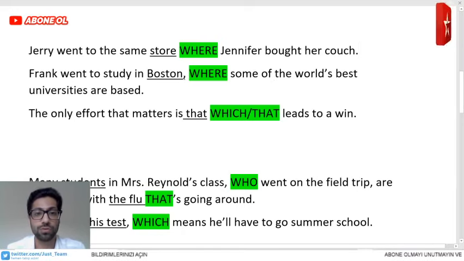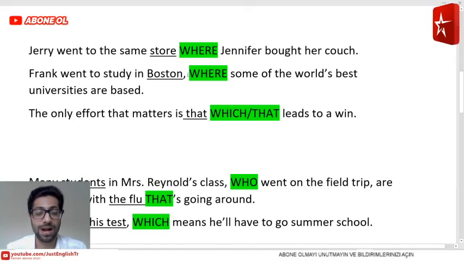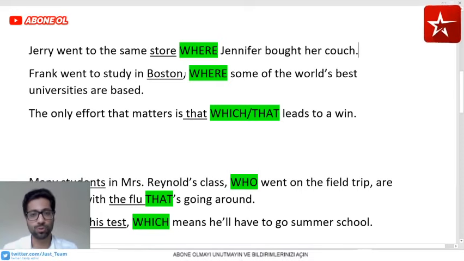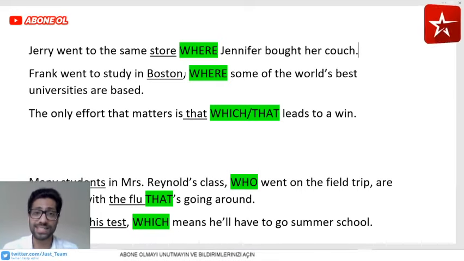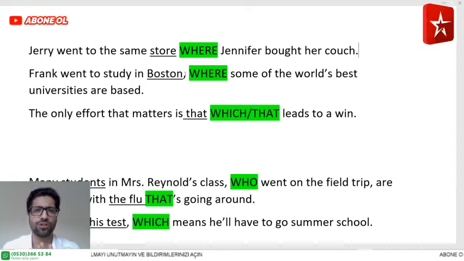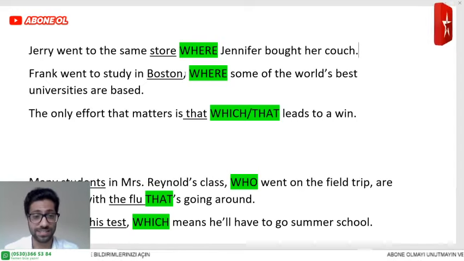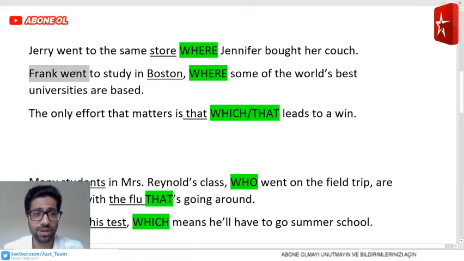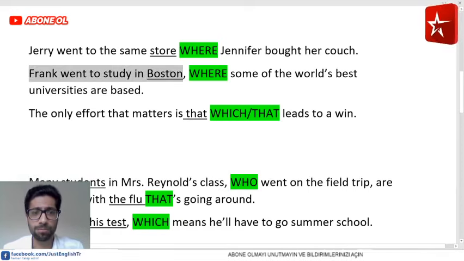However, here it's very important that you are doing the following because grammar structures are very important. However, not that important when you speak, but in writing, it's essential. Okay, it's very necessary. Second example. Frank went to study in Boston.